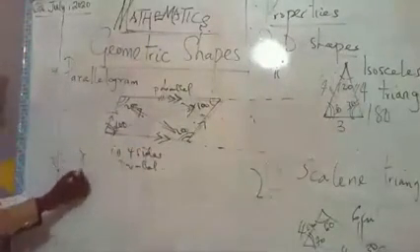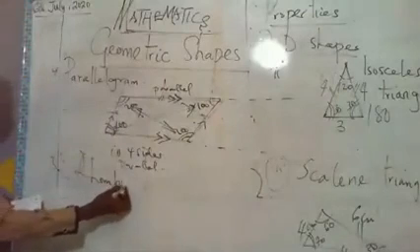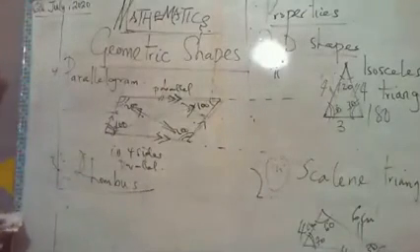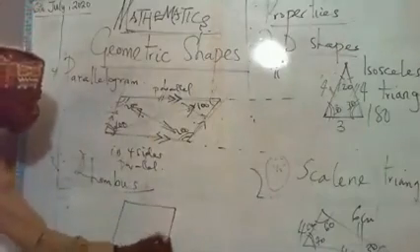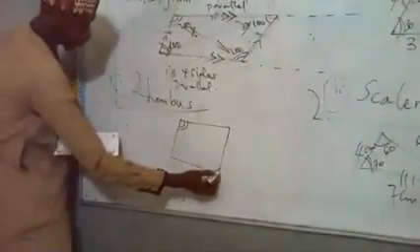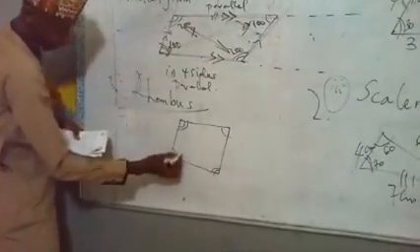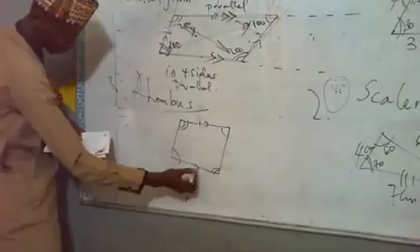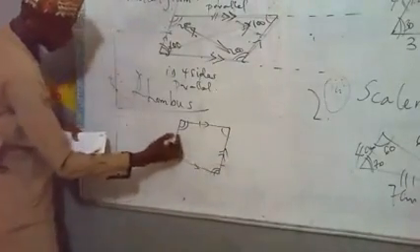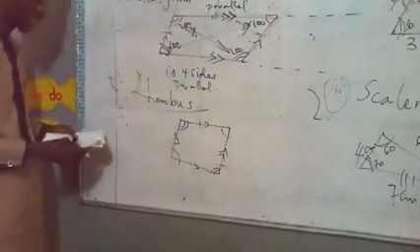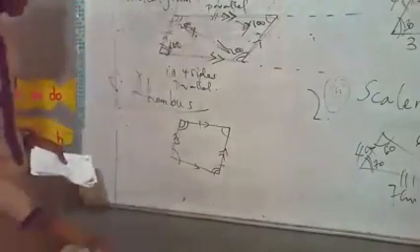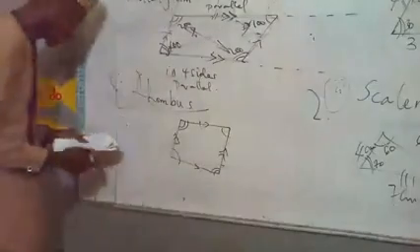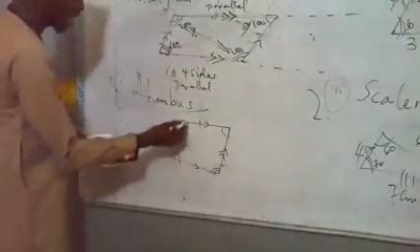Next one is the rhombus. Rhombus is like this. Look at this. It is a parallelogram. Why do I call it a parallelogram? Just like this. That's why we call it a parallelogram. It has four sides, and all the four sides are equal in length.